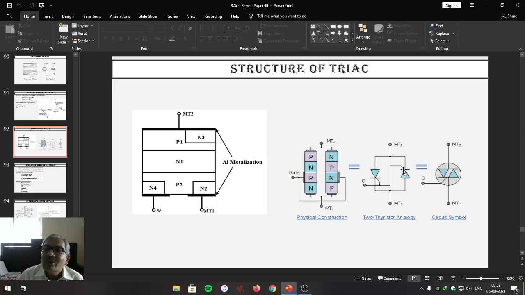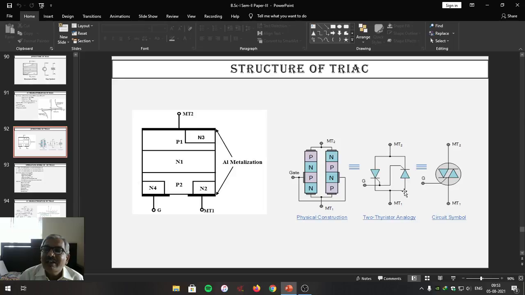Friends, both the gates are connected together and named as a common gate here. Whereas the anode of SCR2 and cathode of SCR1 are connected, named as MT1. The anode of SCR1 and cathode of SCR2 are connected commonly and known as MT2.